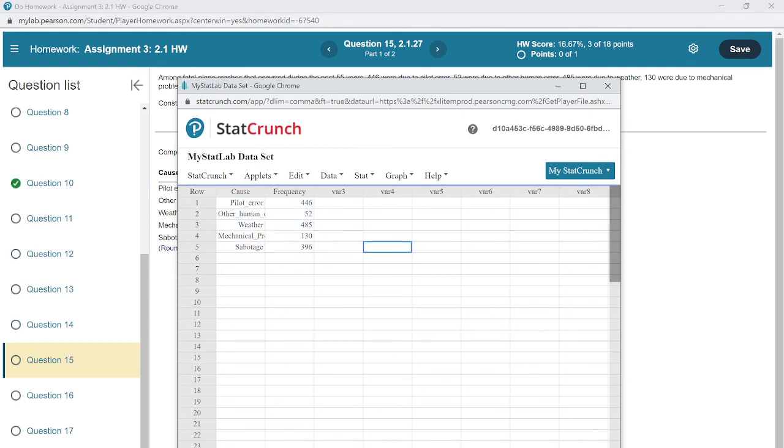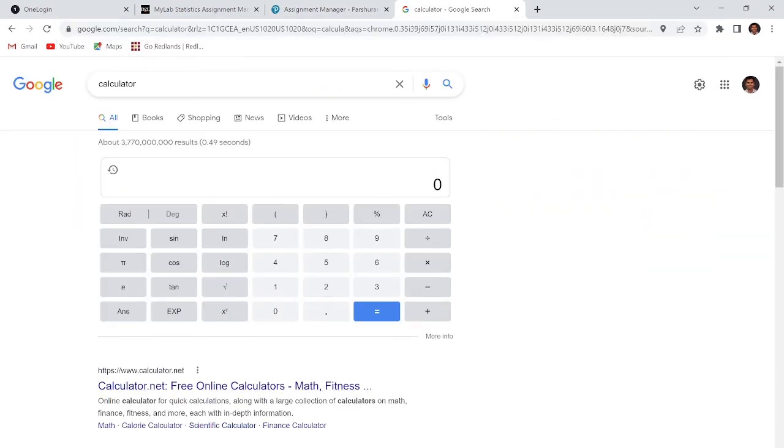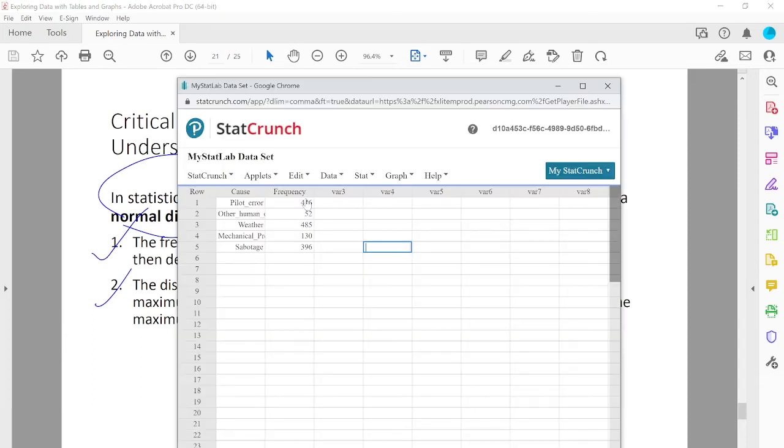Just let me use the calculator here, I just need to add these numbers. 446 plus 52 plus 485 plus 130 plus 396.